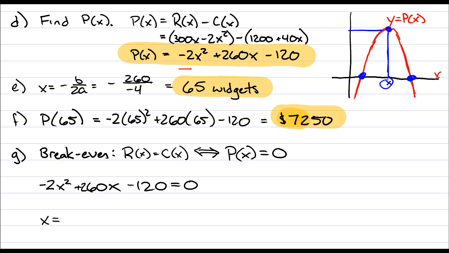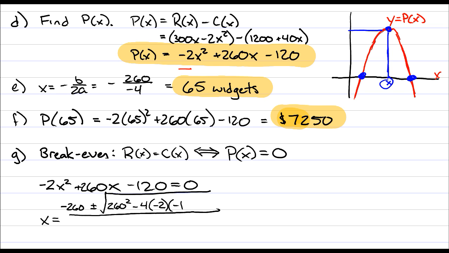x equals minus b plus or minus the square root of b squared minus 4 times a times c, divided by 2a. Okay.